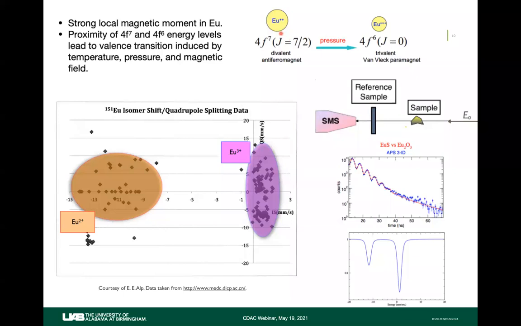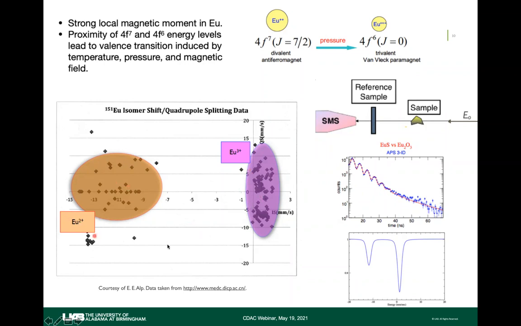So this valence state, whether 2+ or 3+, is very easy to tune by temperature, pressure, or even magnetic field. And the good thing is the isomer shift in europium 151 is very far apart for the europium 2+ state and 3+.